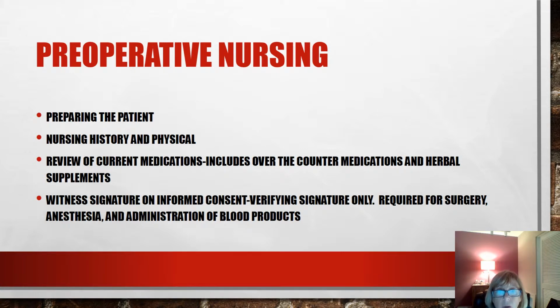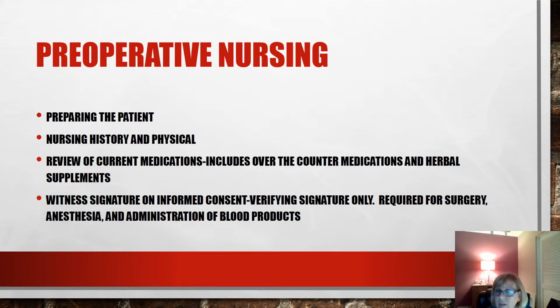And during this time, we talk about their past experiences with surgery. And again, this is just to establish a very good baseline so we have a good understanding of what this patient has experienced in the past and what we might be able to expect from them as they're going down for surgery. We also review any of their current medications that they're taking.